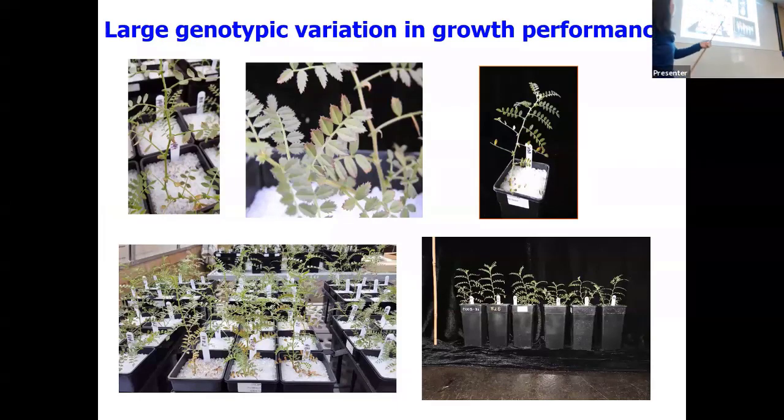For example, this is only 3 weeks after planting. At the bottom leaflets, some genotypes show necrosis or purple coloration. And over time, these bottom leaves get more yellow, and finally they drop off. But in some other genotypes, there are no symptoms at all.